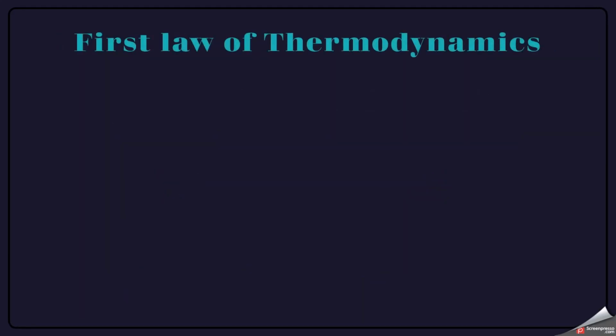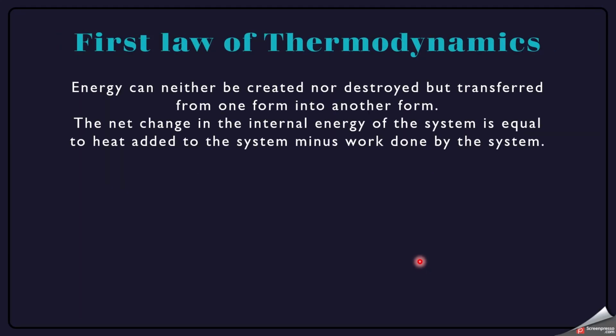Next, first law of thermodynamics. Energy can neither be created nor destroyed, but is transferred from one form into another form. Like heat energy is converted into mechanical, electrical and chemical energy and so on. The net change in the internal energy of the system is equal to heat added to the system minus work done by the system.